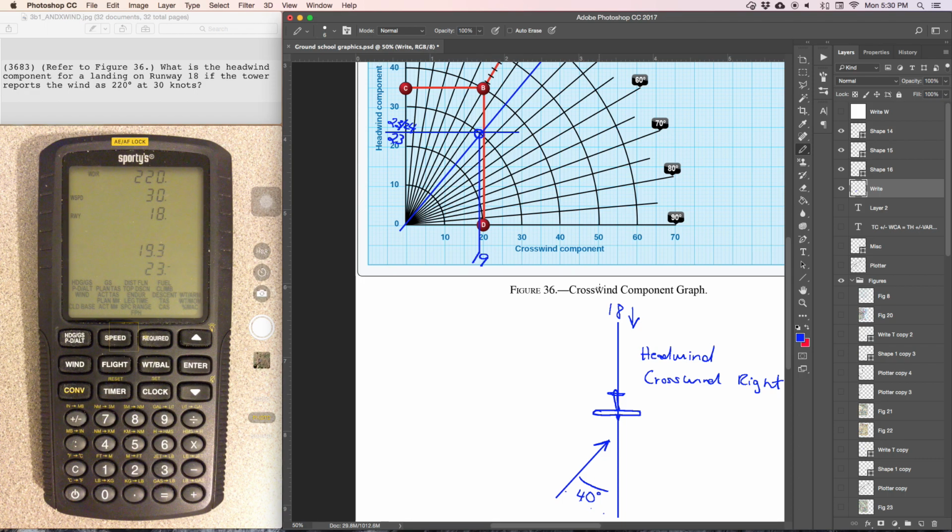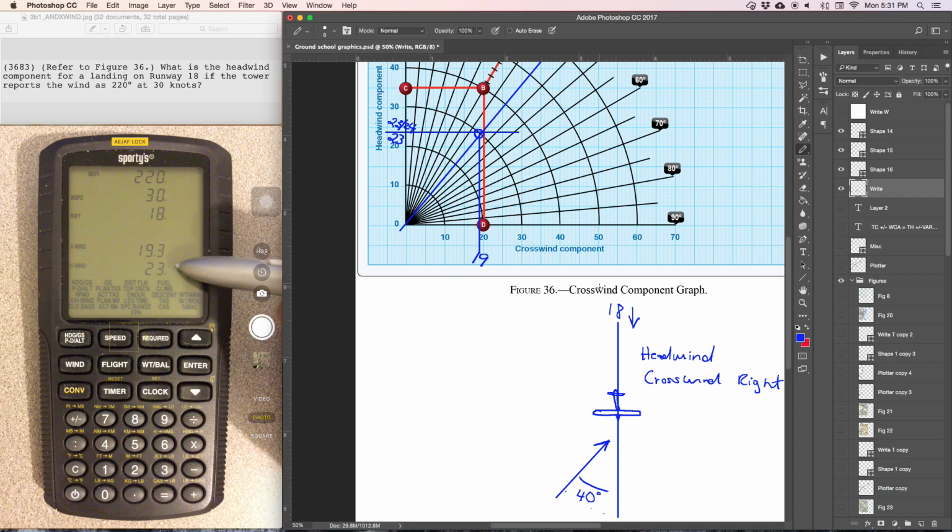And that's going to give us a crosswind component of 19 and a headwind component of 23. Then what you'll see is one is a positive number, one is a negative number.